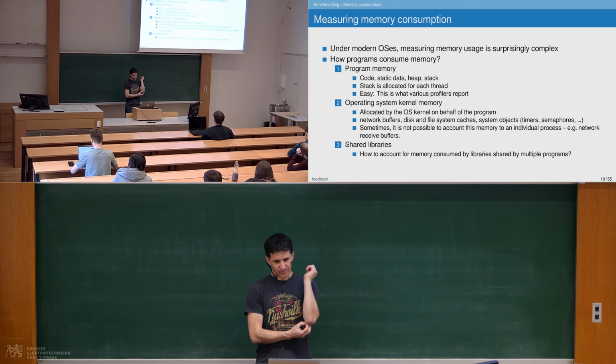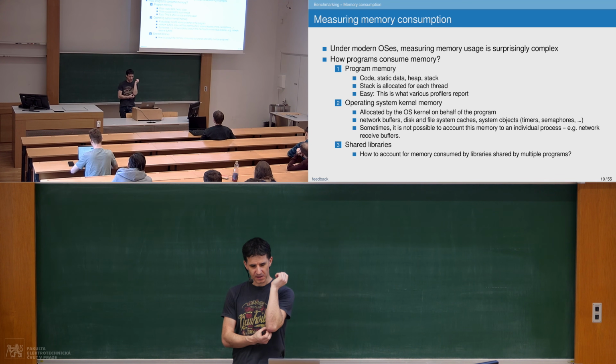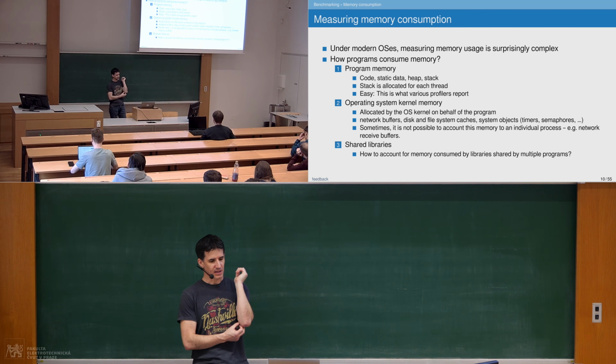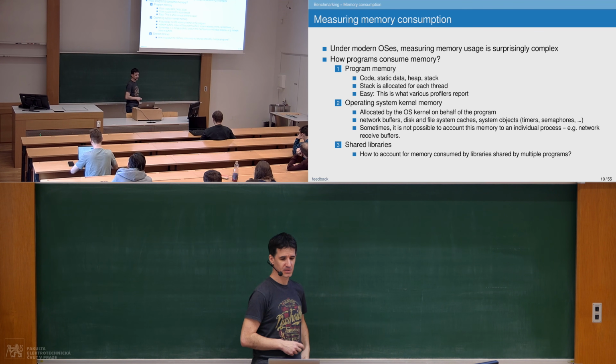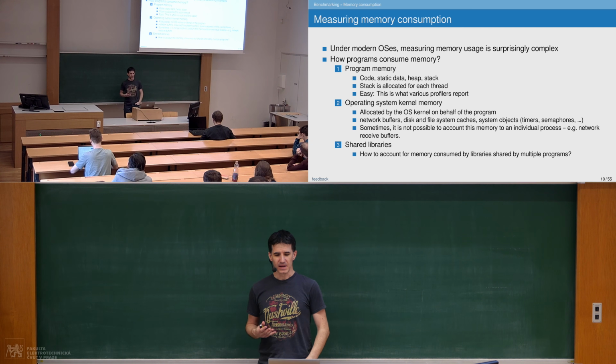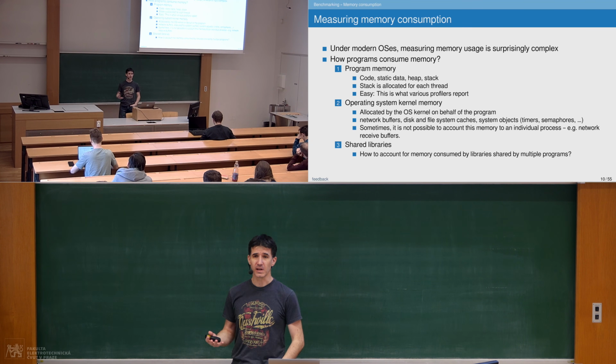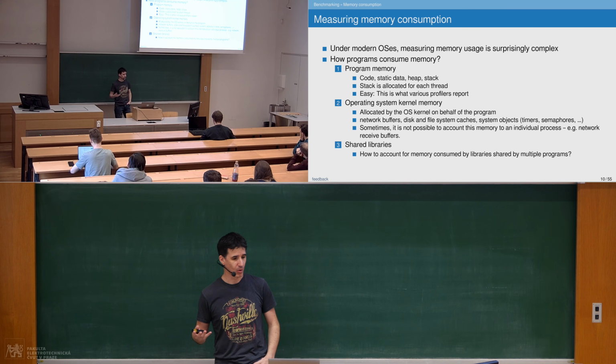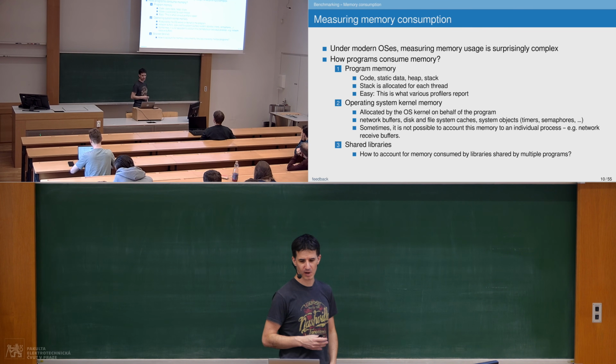And the last thing, which might be a bit tricky, is the handling of shared libraries. Shared libraries, as the name suggests, means that a single library is shared between multiple processes, multiple programs.